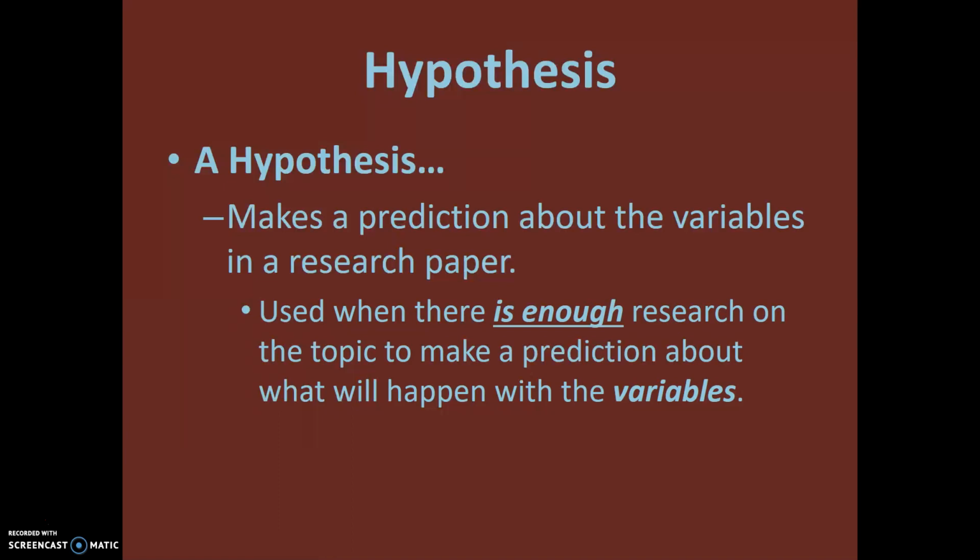When there is enough research about a topic, you're able to make that educated prediction about what will happen with the variables. This allows you to look at relationships, influence, and also compare the differences between certain variables. Those are different forms of hypotheses, and we'll talk about that in another video.